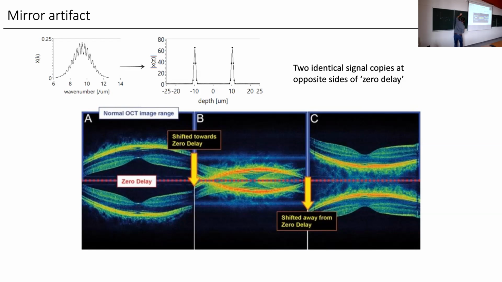But now my mirror moves, for example this way, then I get one copy that looks like this with another copy that looks like this. But it's not a copy. It's not two different data sets. It's just in one data set.